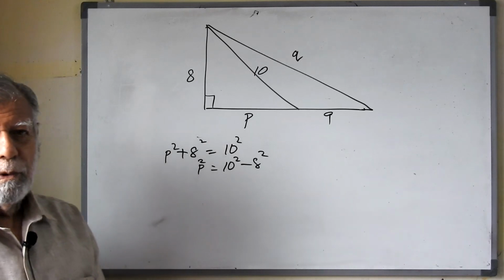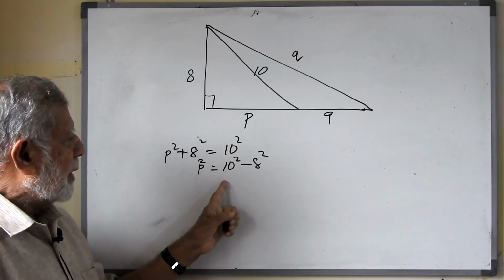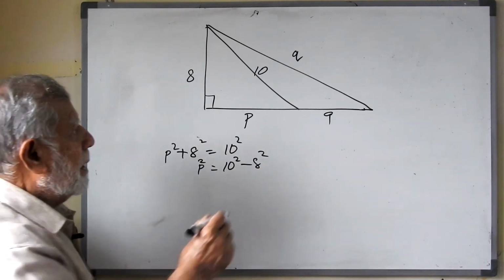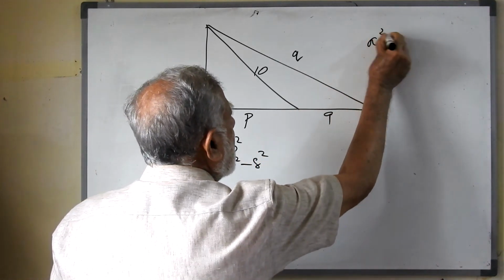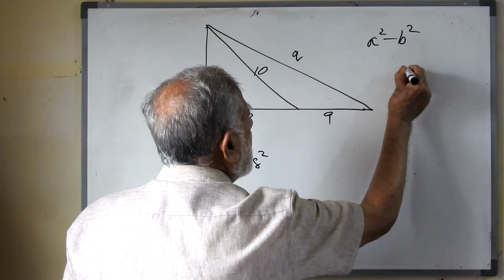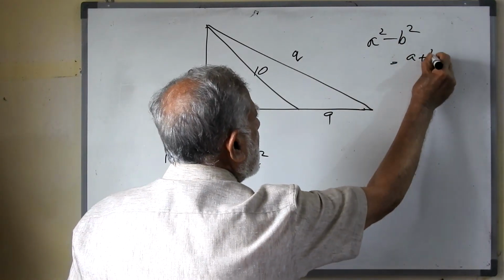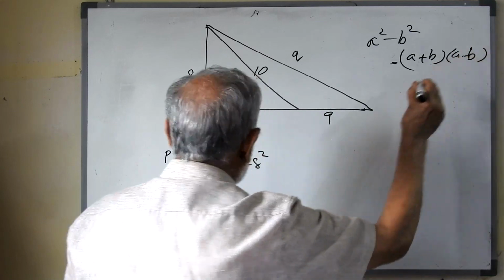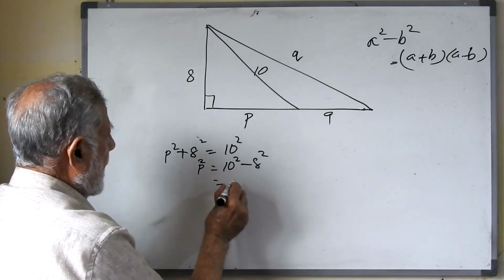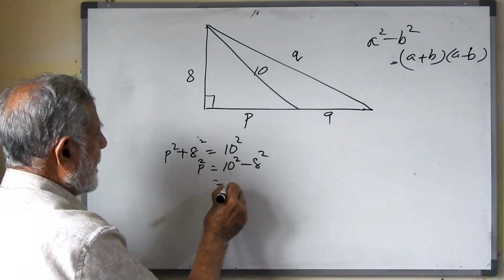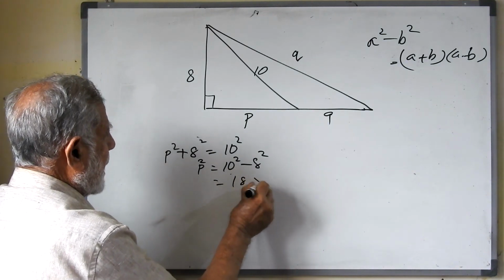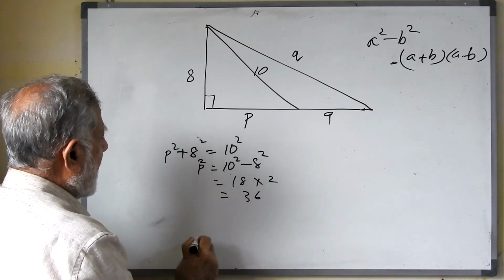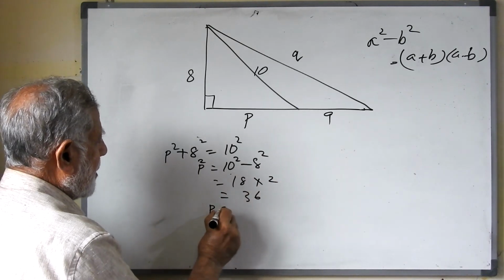That is, as I told you before, factors of a squared minus b squared. a squared minus b squared is equal to a plus b into a minus b. So this will be equal to 10 plus 8, 10 plus 8 is equal to 18, into 10 minus 8 is 2. That is equal to 36. So p squared is equal to 36, p is equal to 6.